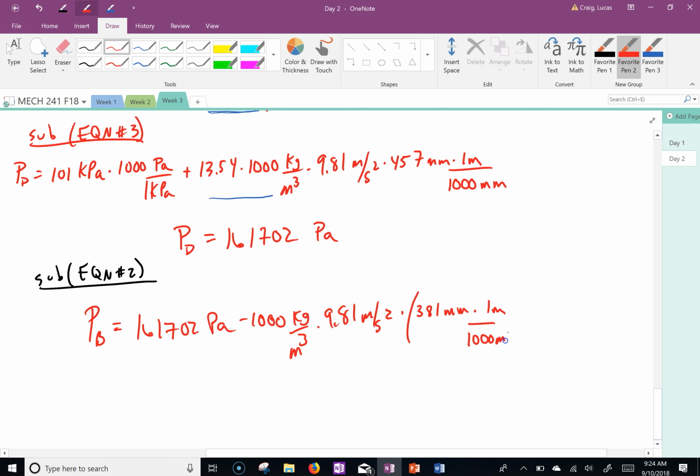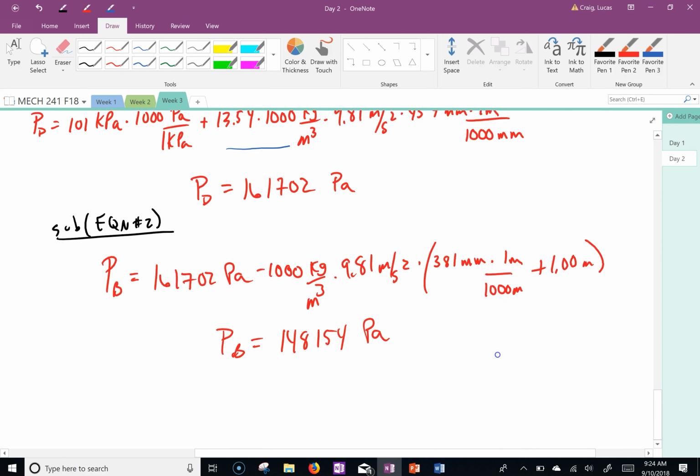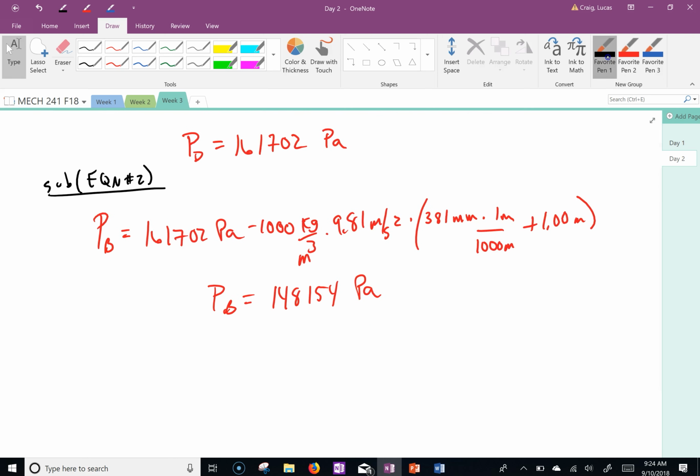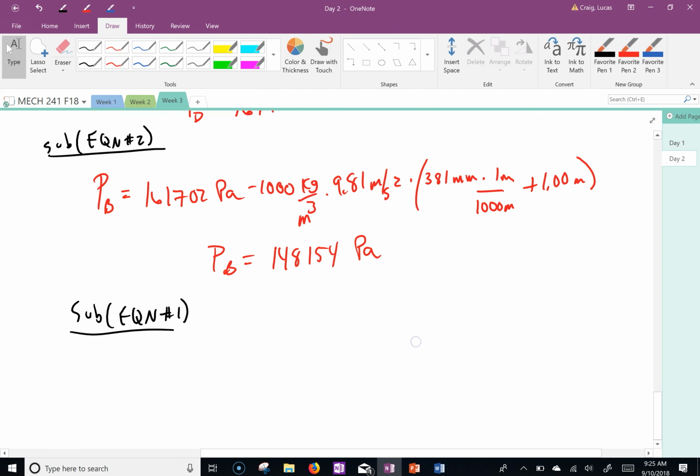Now you don't have to do the conversions here. You can do them in your givens. I just wanted to show you. 148,154 Pascal. And then finally, you can now sub equation number 1. And again, I'm okay if you want to use colored pencils, sure, to help you identify stuff.